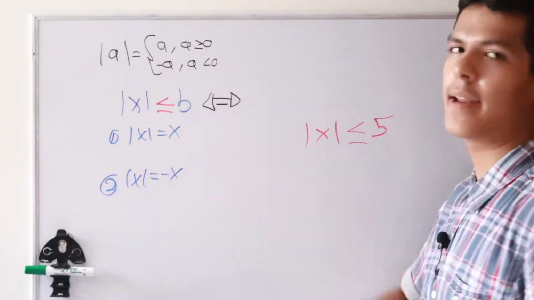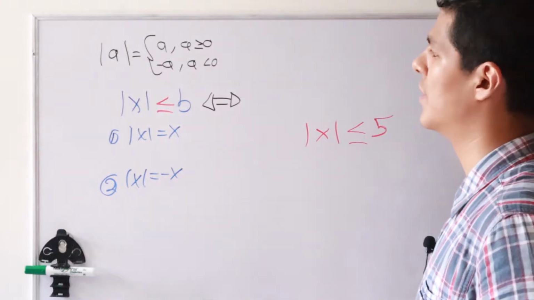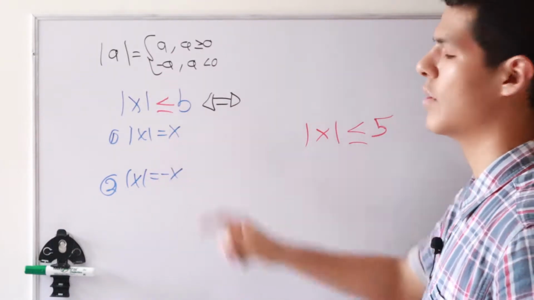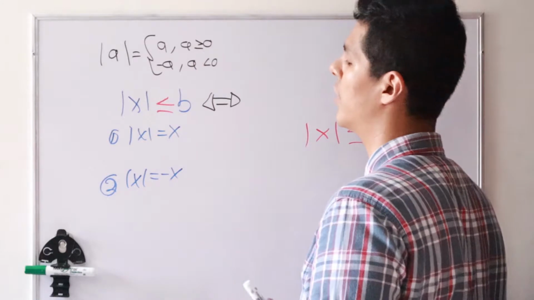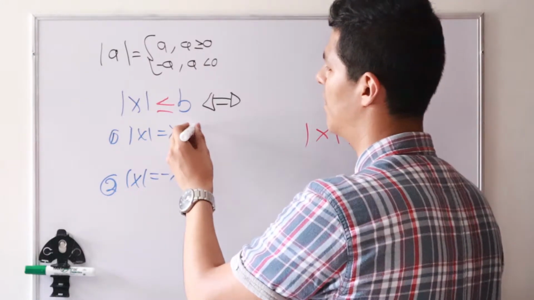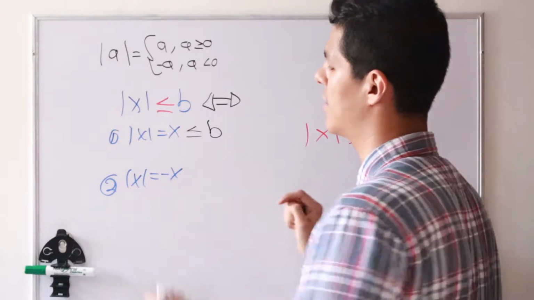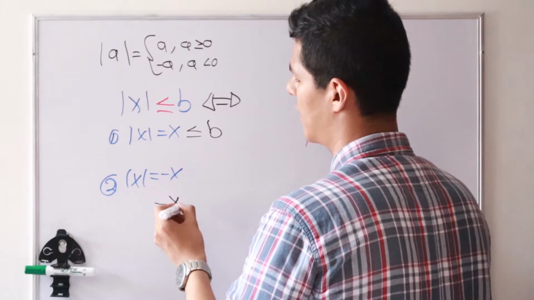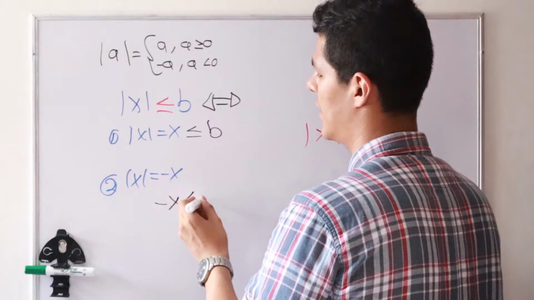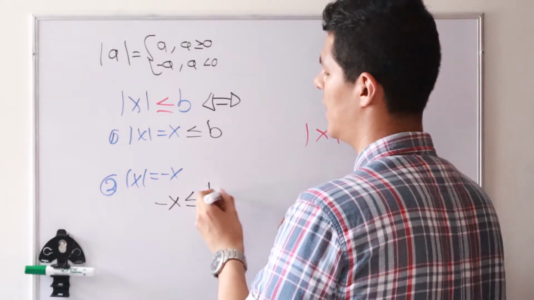Again, we have two conditions. The absolute value of X equals X if X is greater or equal to 0, and it is less or equal to B, and from here we have that minus X is less or equal to B.